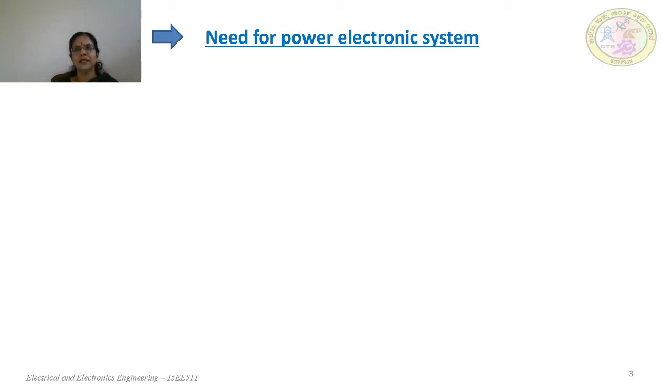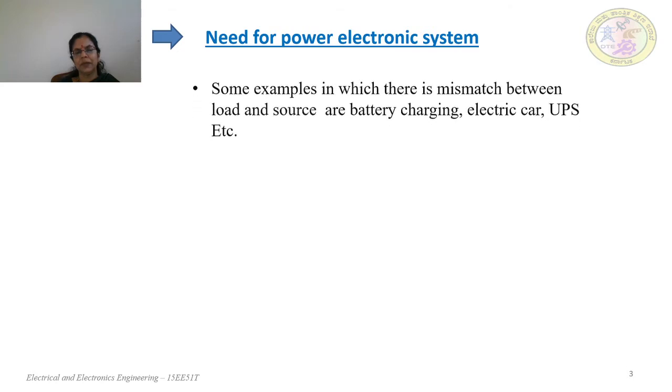In recent years, demand for power processing is increasing. The power processing is required to match the load requirements with the source. The energy source specifications and load requirements may not match many a times. For example, in battery charging applications, source may be AC, load requirement may be DC.